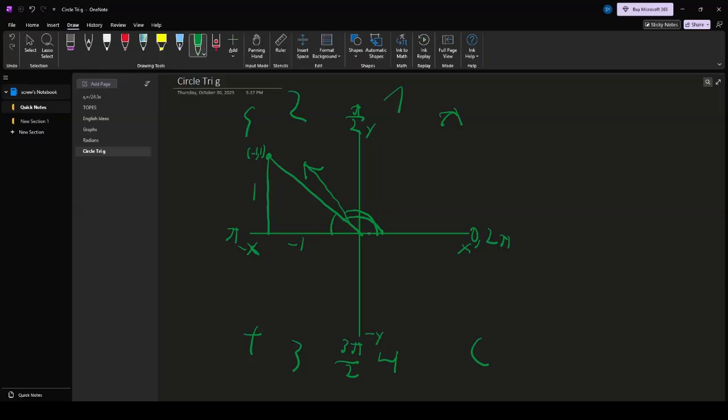Same thing if the angle was over here. Excuse my terrible drawings. I'm not really used to using a graphic tablet yet because I don't use it that much.